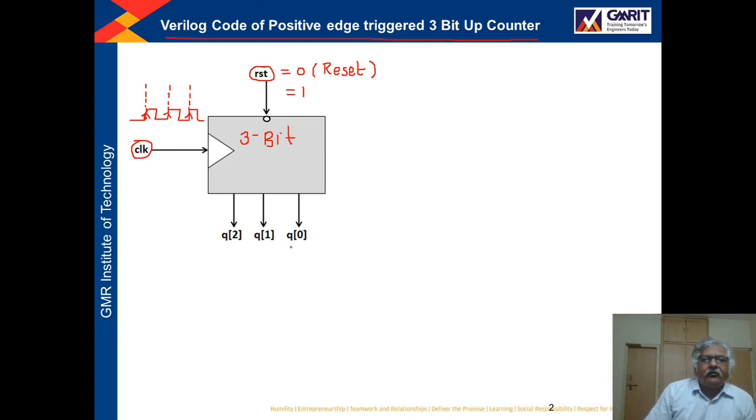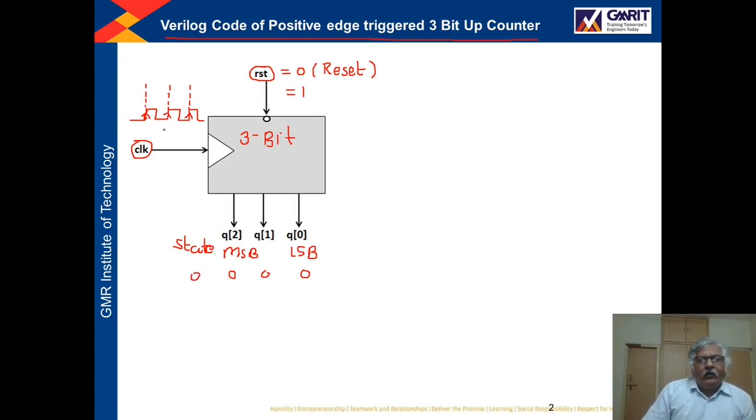Here Q0 is the LSB bit, and Q2 is the MSB. Initially the output of this counter is low, so the output is 0, 0, 0. Here we write this column to indicate the state, so this is state 0.